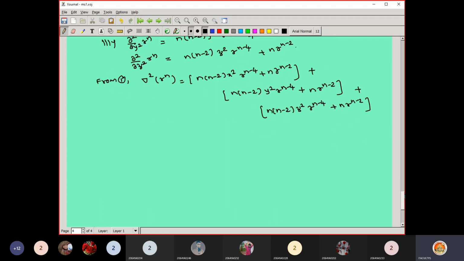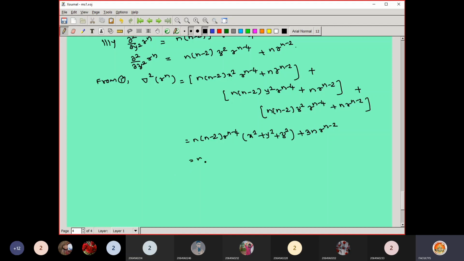It is equal to n minus 2 r power n minus 4, which is common in the first expression, so that you are getting x square plus y square plus z square. The first term is over. And the second term n r power n minus 2 is common in all the values, like that 3 terms are there, so it is 3n r power n minus 2.